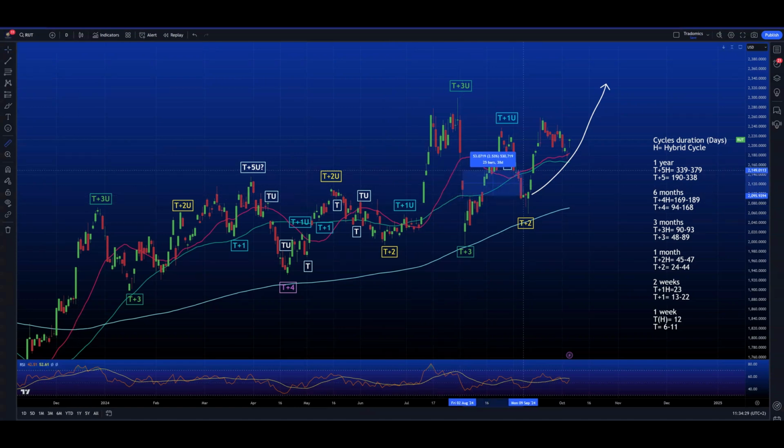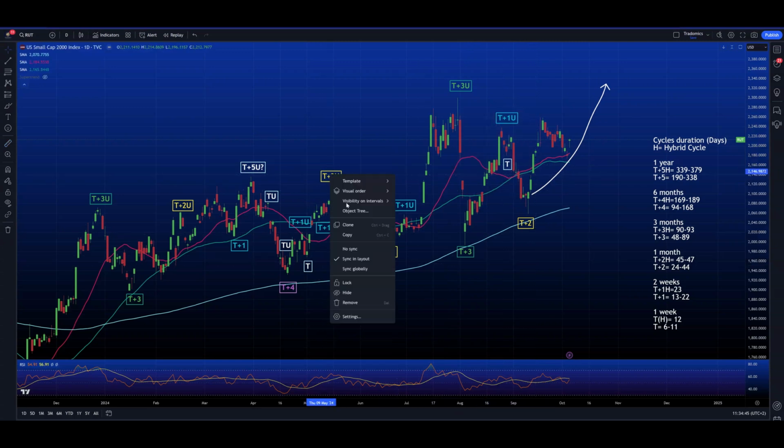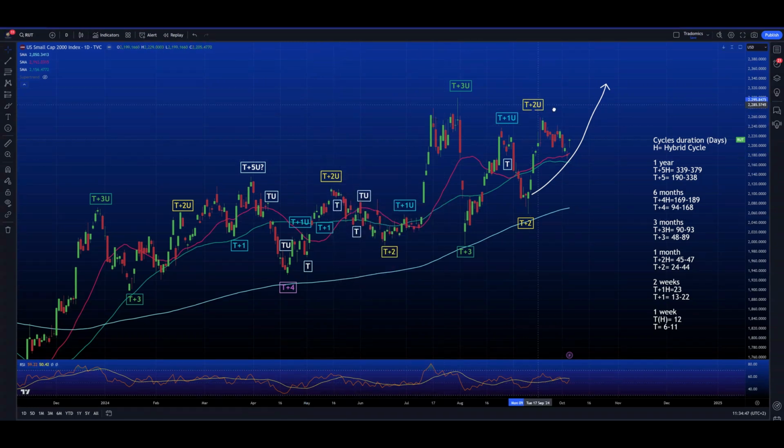As here we close the first T plus 2 of this T plus 3 after 26 bars, and now we are on the second T plus 2. Regarding the upward cycles, from the upward perspective, here we have 34 bars, so a T plus 2 is also in development from the 18th of February 2024.